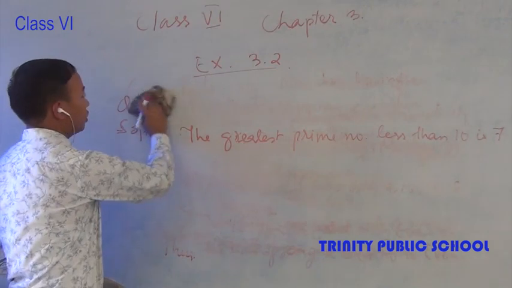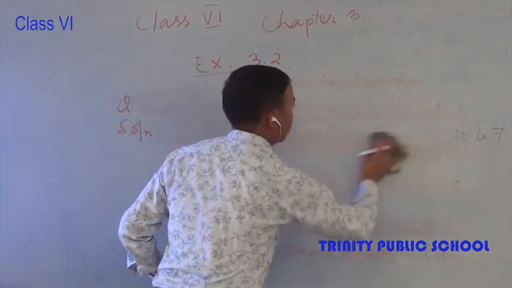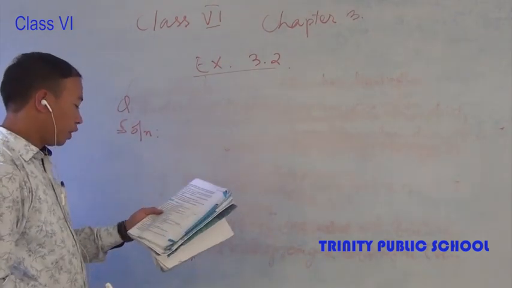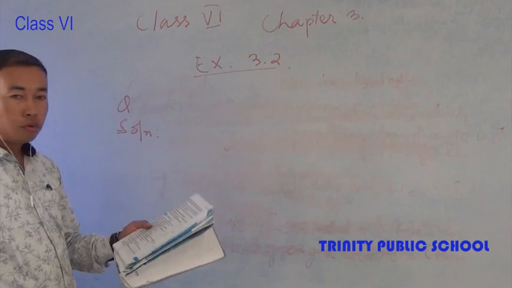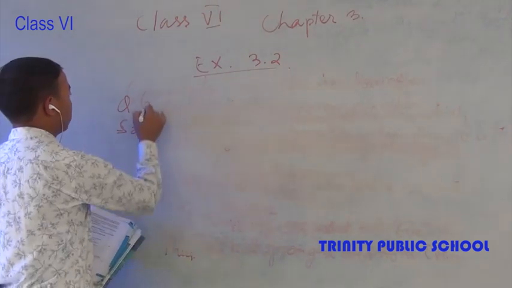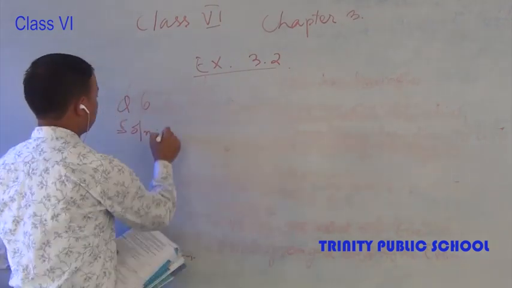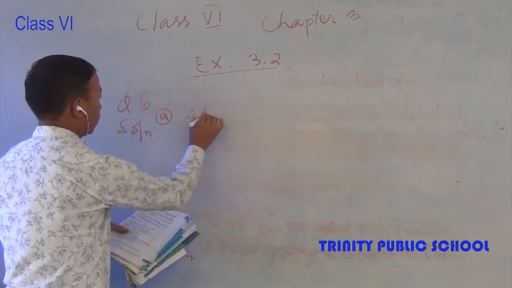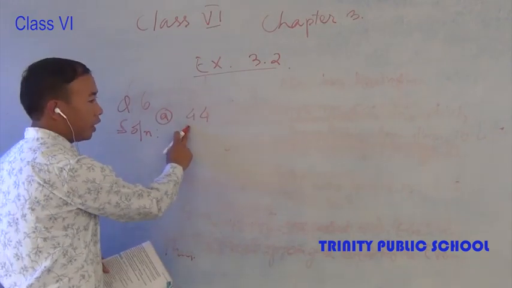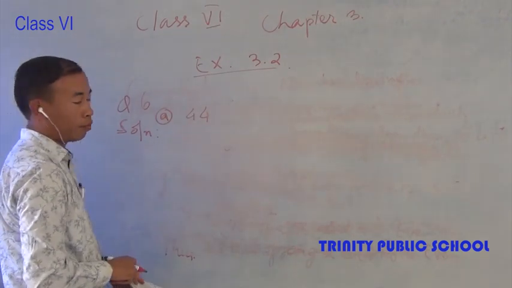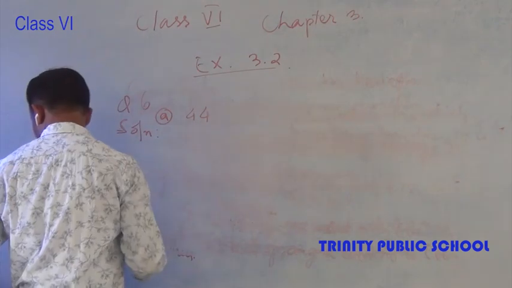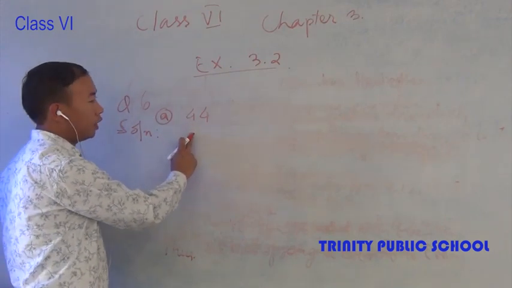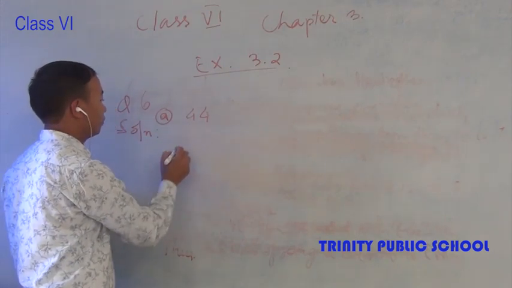Next question, number 6. Express the following number as the sum of 2 odd primes. We have to express this number as the sum of 2 odd primes.